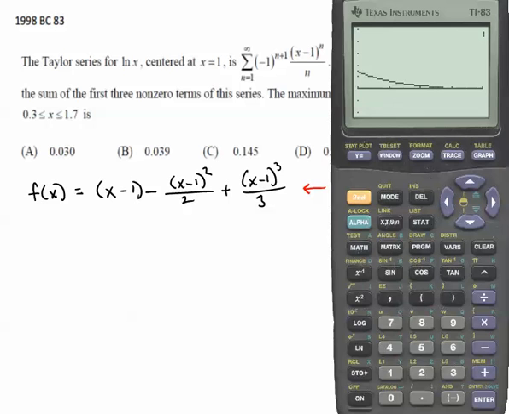And you can see as it graphs that out that the maximum difference between the two occurs at the left-hand endpoint, which is x equals 0.3.